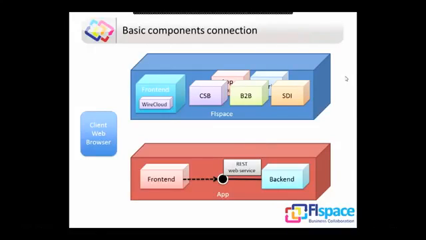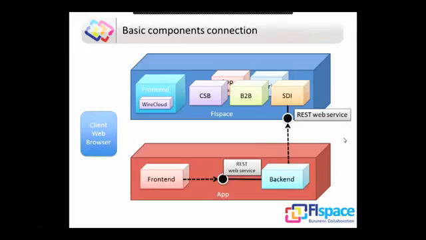The next thing that I need is to connect to FISpace, and the main entry point to the FISpace platform is the SDI, the system and data integration module. Any application or legacy system that wants to connect to FISpace needs to do it by connecting to it. SDI exposes a REST web service. So now we have the entry point. We need to make our backend connect to this REST web service.